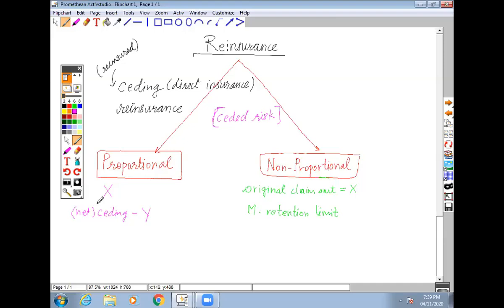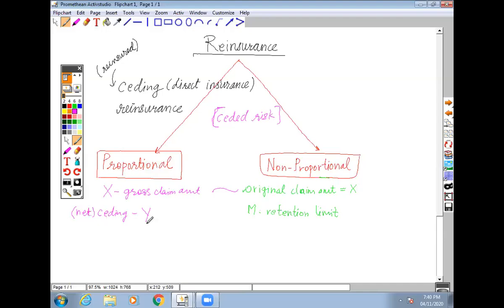Okay, so that is net, and this is the gross claim amount, because this is the actual claim amount. Original claim amount and gross claim amount are interchangeable, so not a big deal over there.